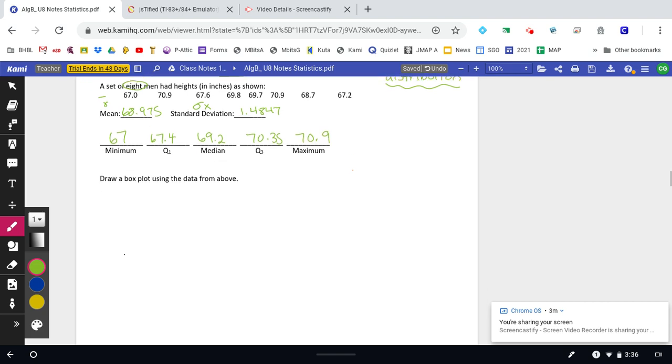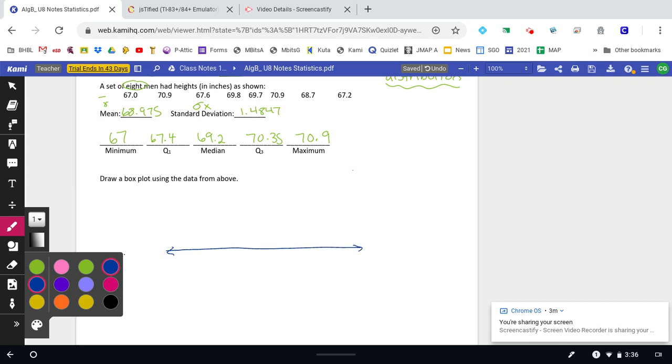Now I want to draw a box plot using that data. I make a number line. My minimum is about 67, so maybe let's start at 65. So I've got 66, 67, 68, 69, 70, 71. There's my max.